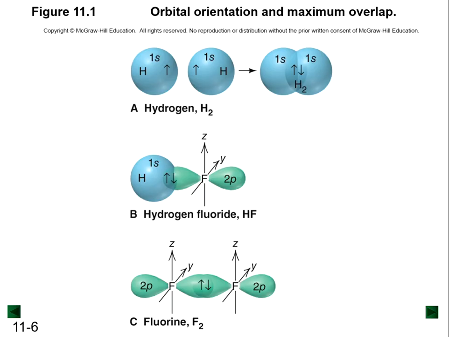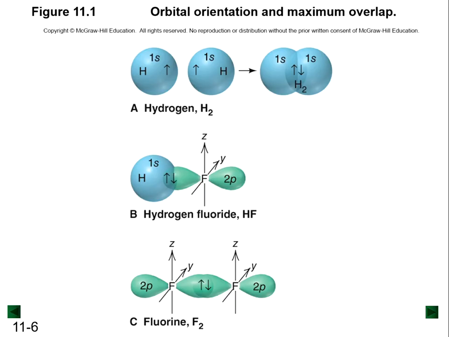And so that comes in end-on. And when it comes in end-on, we have an overlapping region between the 1s and the 2p. And that overlapping region, again, is our single bond.